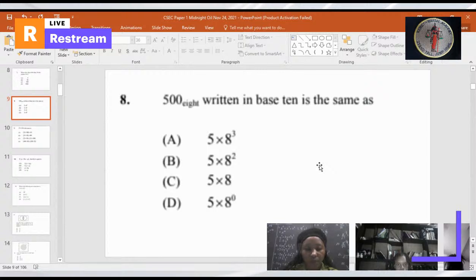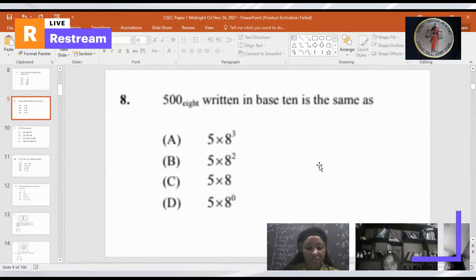So remember, we would start with 8 to the power of 0 at the end, where the zero is in the 500, it would be 8 to the power of 0, 8 to the power of 1. So it will be 5 times 8 to the power of what? 5 times 8 to the power of 2.